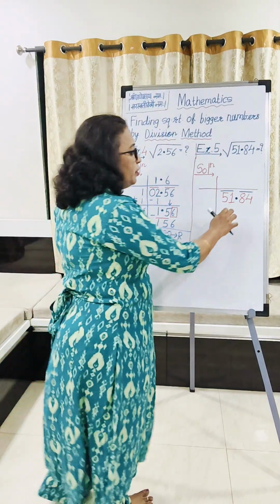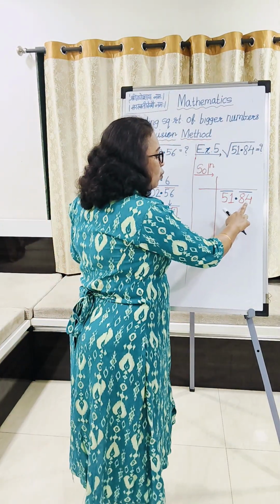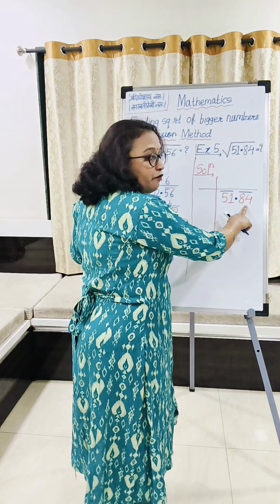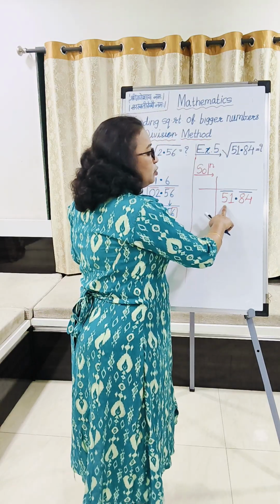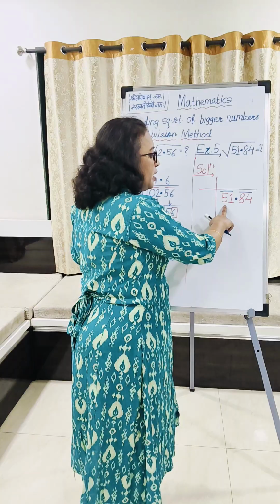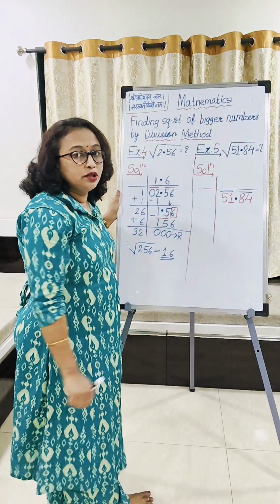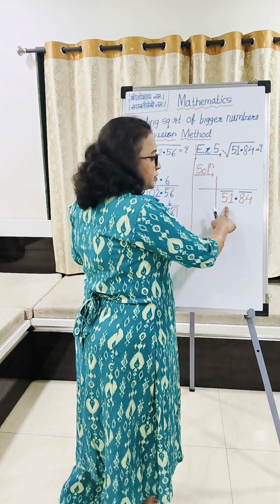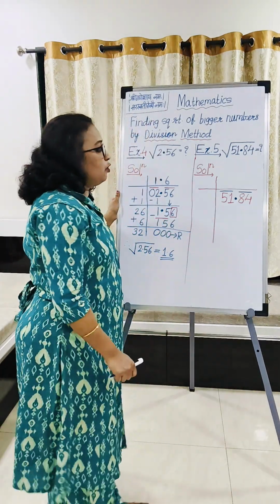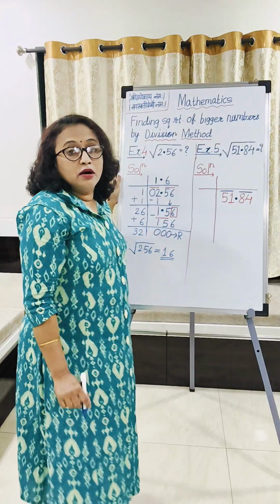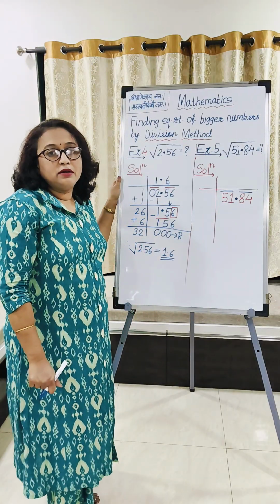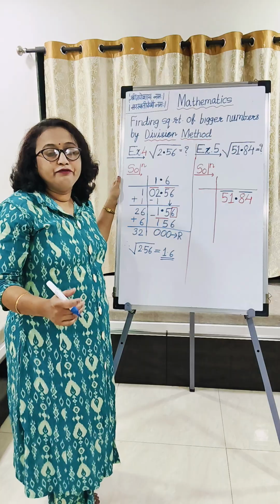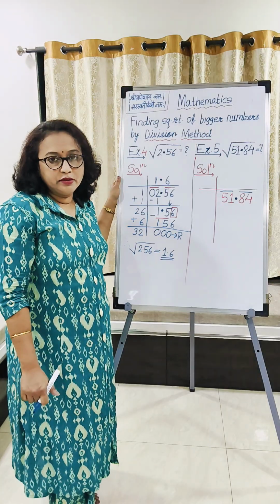Okay, so we will get one group of 2 digits of the fractional part and one group of 2 digits of the integral part. Okay, and for division purpose we will consider this integral part first. Okay, now 51. Whose square is smaller than 51 or equal to 51?